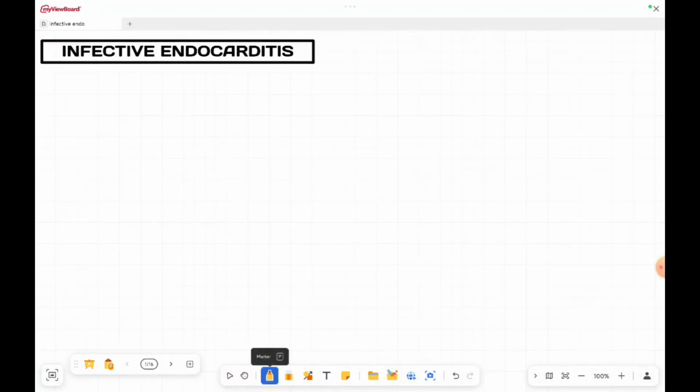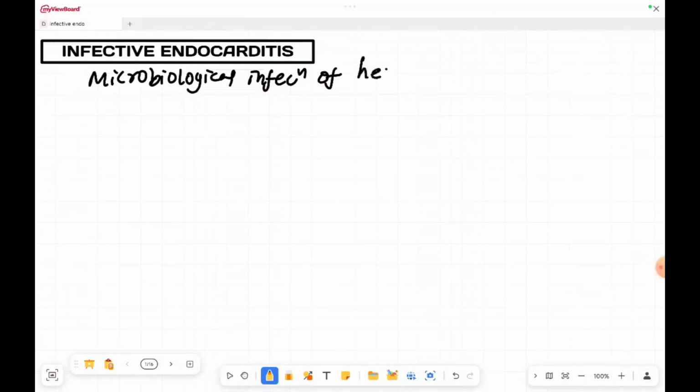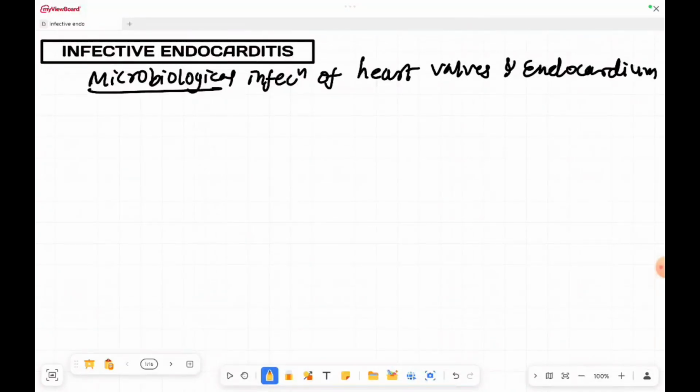Infective endocarditis is a microbiological infection of heart valves and endocardium. So mainly there will be bacterial causes.